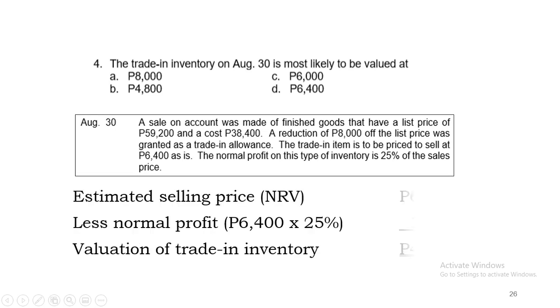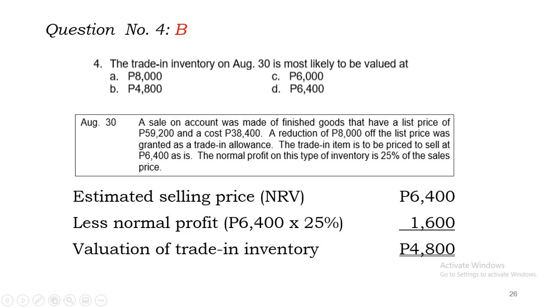In this case, the estimated selling price is automatically the NRV because there is no cost to sell. 6,400, then less normal profit of 6,400 times 25%, which is 1,600, thus the valuation of the trade-in inventory is 4,800. So the answer is letter B.